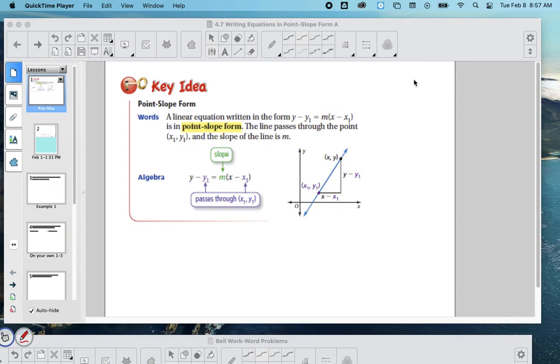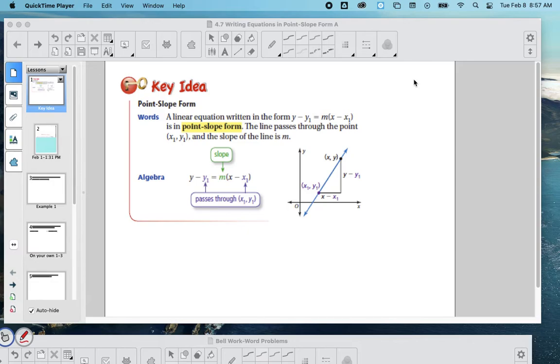To know, and we've got our graphic organizer. Number 6 was point slope form, and this is 4.7. I'm writing here on the inside, where it says 6, point slope form, not on the top of it.